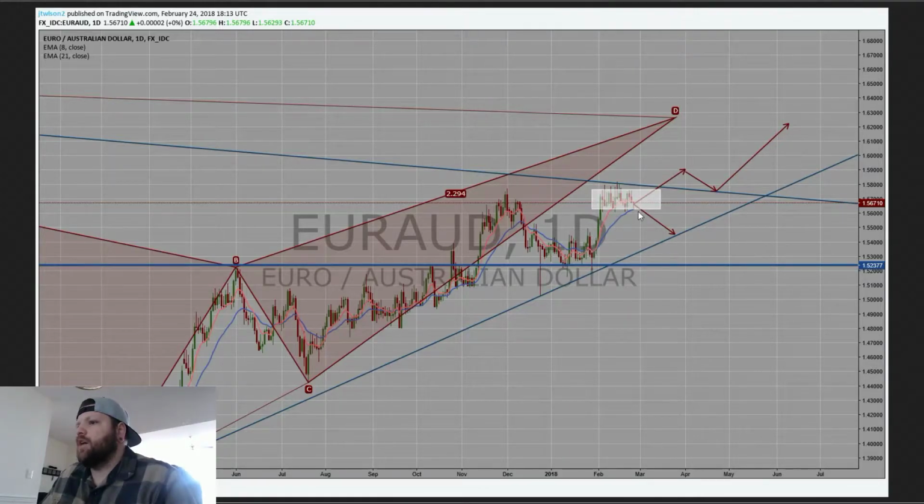Right, we're in a clear bullish trend, and so we want to see a continuation of this bullish trend. However, we could get a retest of this trend line, and then we're waiting for the completion of this pattern.